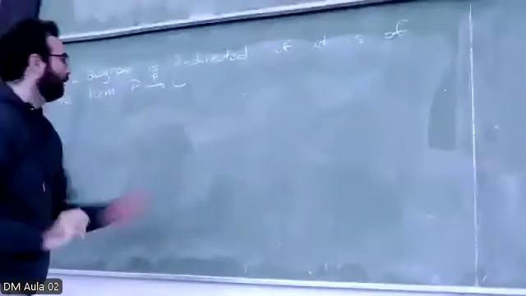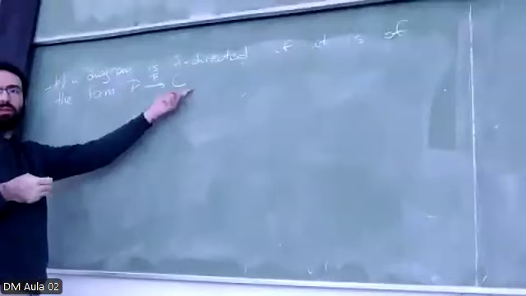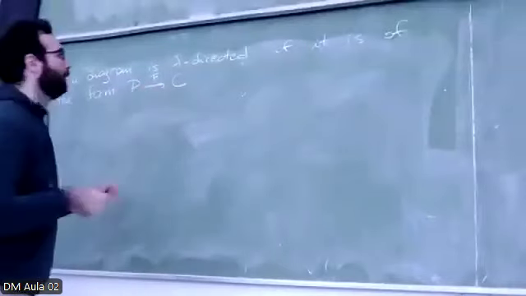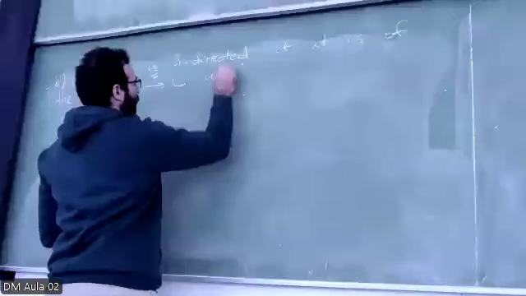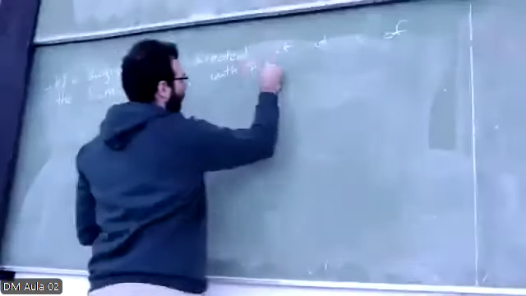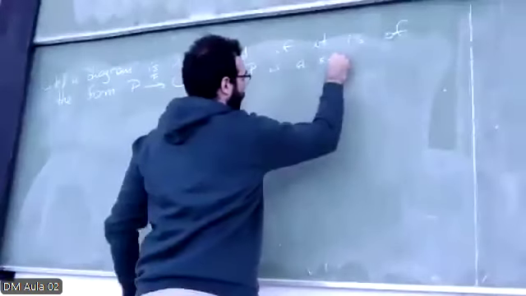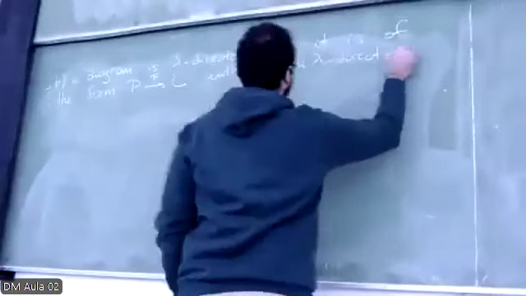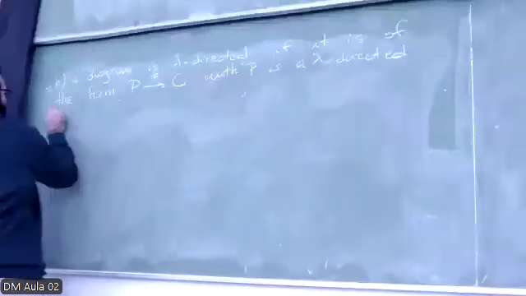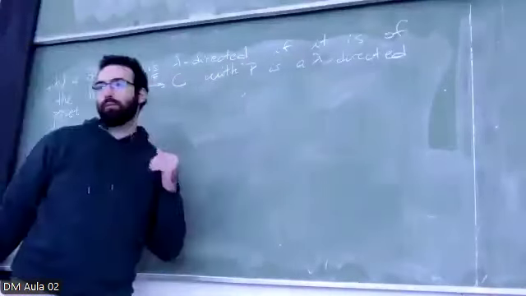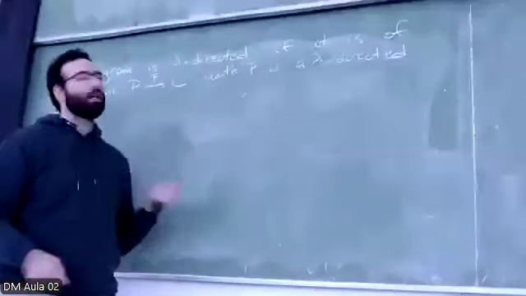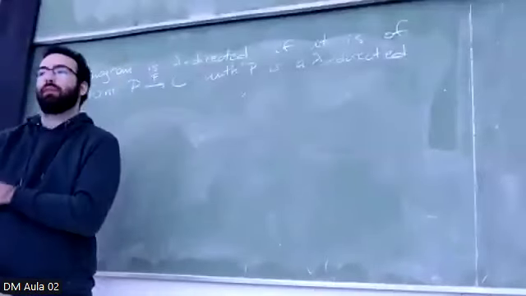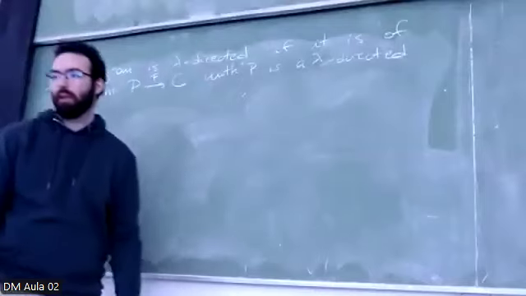So a P-shaped diagram in C is a functor from P to C. And here I'm asking that P is a lambda directed poset. So for example, each time I have a diagram stemming from the natural numbers, this is an aleph 0 directed diagram.